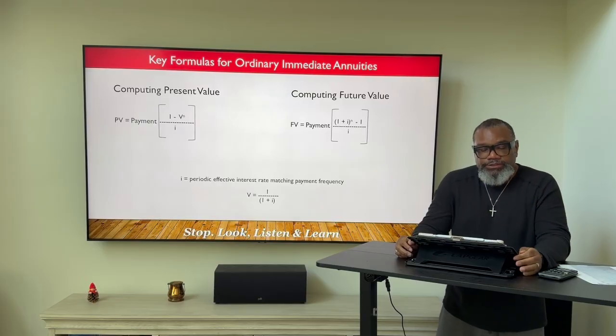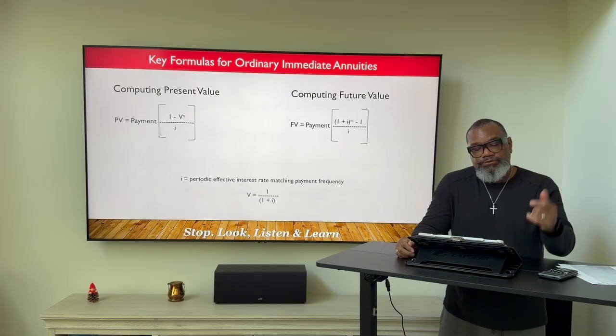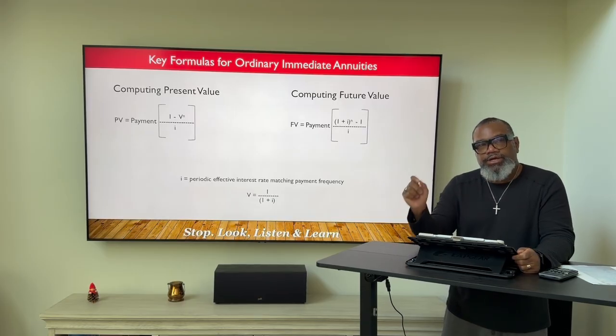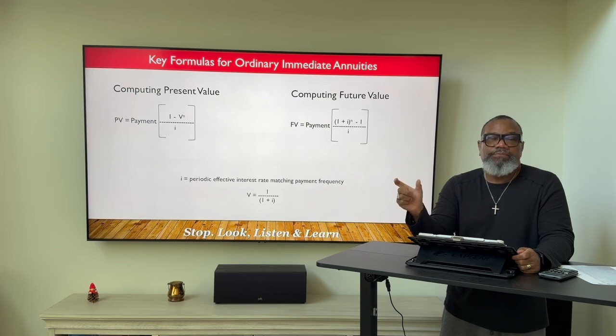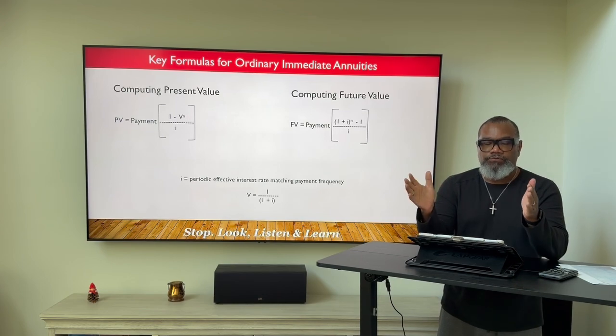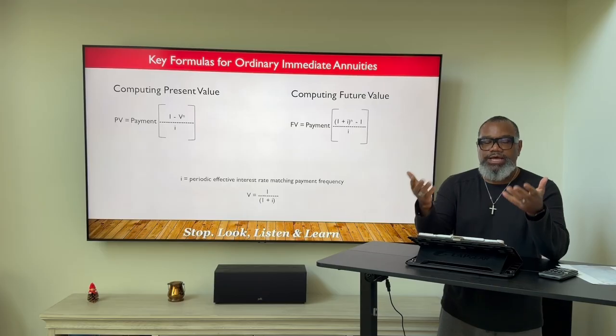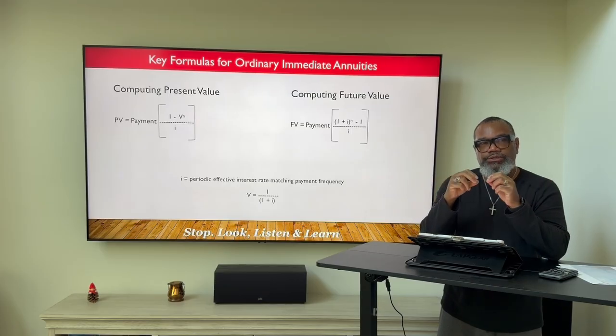So the first one is the present value of an annuity. And so again, that's equal to 1 minus V to the n, over i. And remember, V is just simply 1 upon 1 plus the periodic effective interest rate. And because 1 is being divided by a number that's greater than 1, V is going to fall between 0 and 1. And any number that's between 0 and 1, if you raise it to higher and higher powers, it's going to basically decline in value.